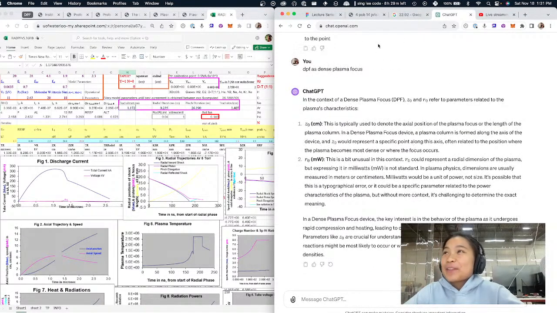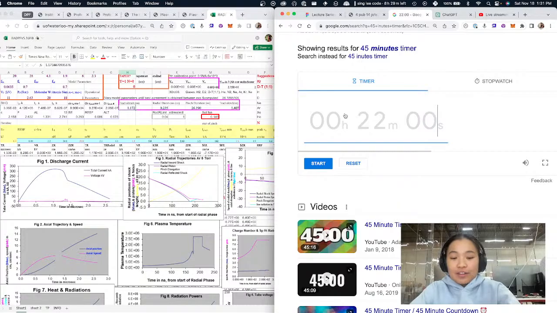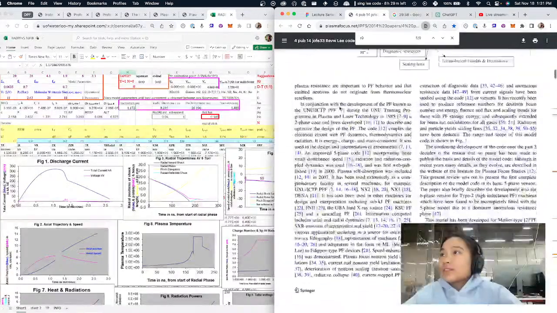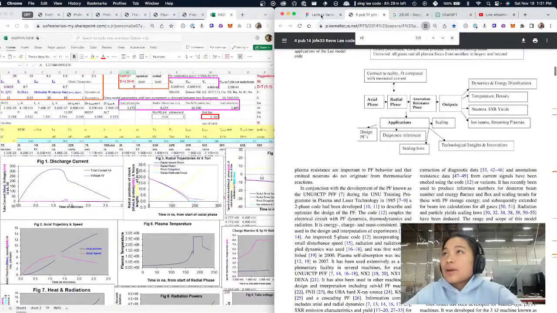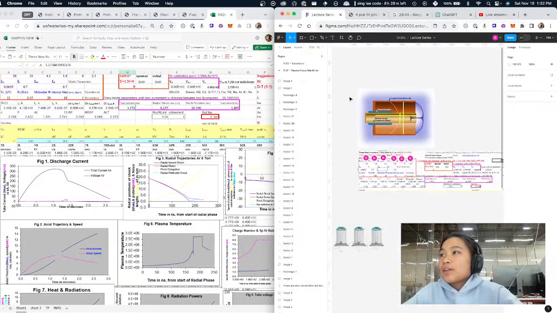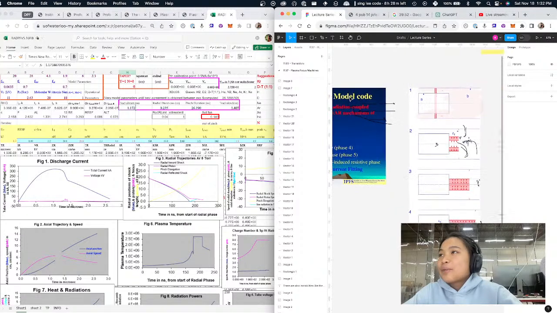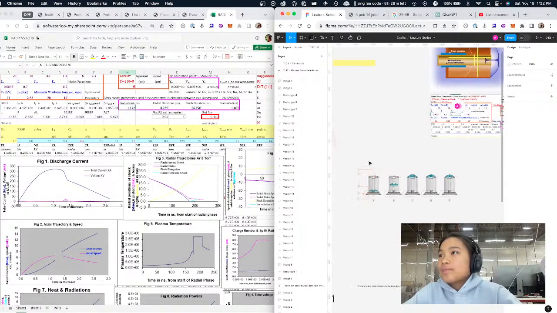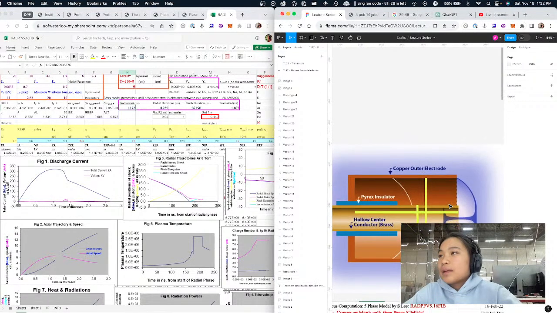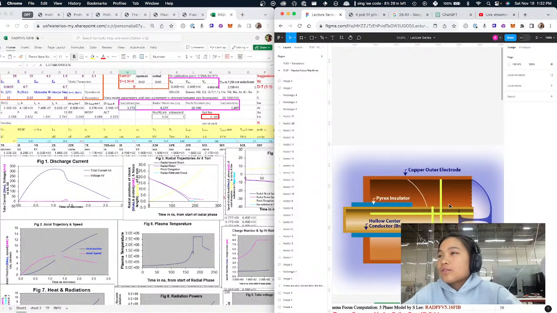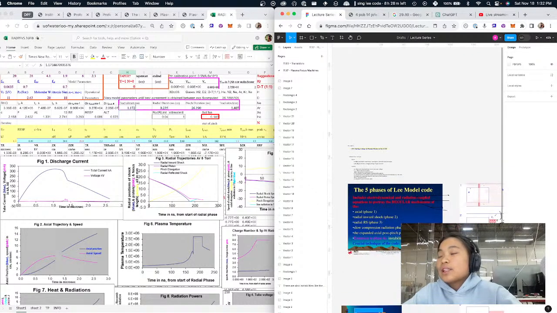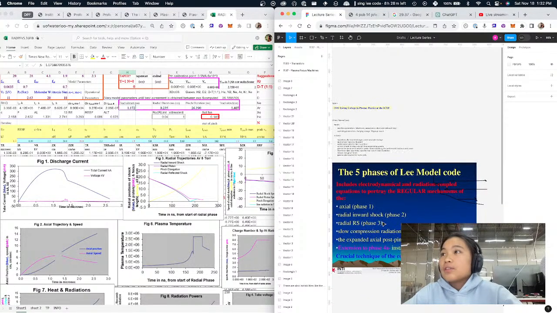Yeah, okay. So I'm going to time myself, like 30 minutes, to do this. What I was describing earlier, before the recording stopped, is that as you use this Plasma Dense Focus machine, there are 5 different stages in order to generate the desired output, which is this pinch effect.